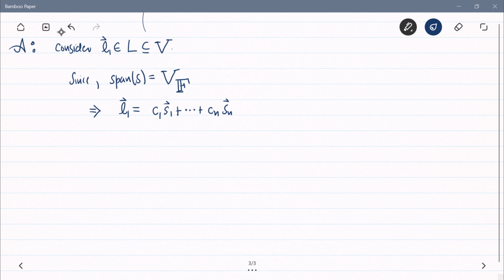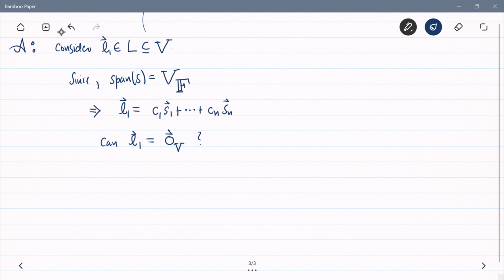This is obviously possible. So now the question that obviously pops up is, can all of the C's be 0? That is, can this be equal to the 0 vector of the field? Well, not really.